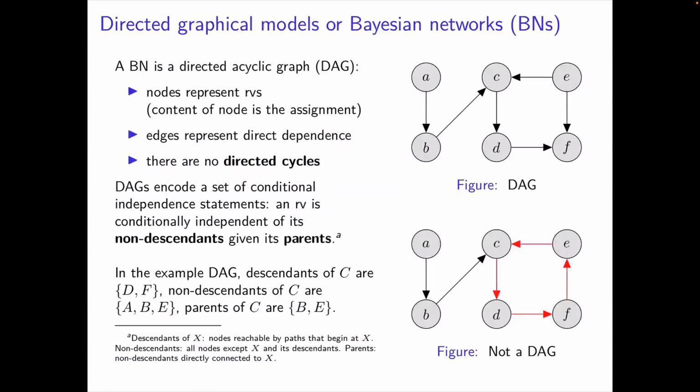So let's start with a directed graphical model, or a Bayesian network. I'm not going to talk about the history, and I'm actually not sure I'm familiar with why they are called Bayesian networks. They are neither Bayesian nor particularly networky, if you ask me. There is really nothing Bayesian about them.